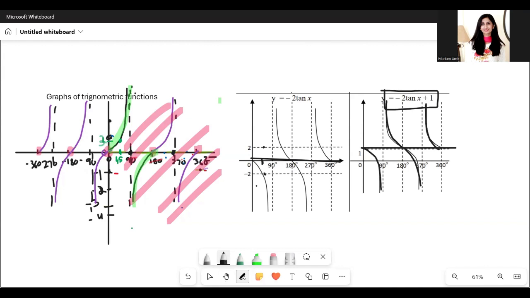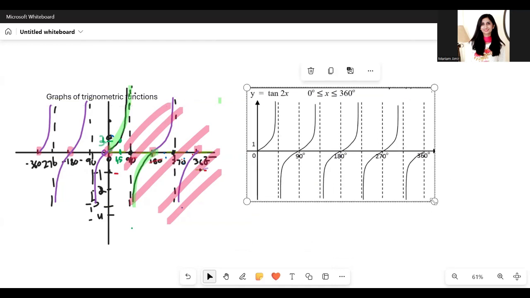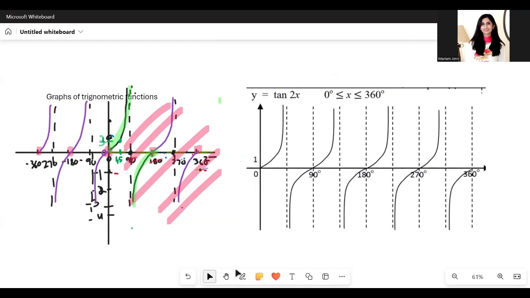Okay. Now let's discuss the graph of tan 2x. So tan 2x would mean that it's a stretch parallel to the x-axis with scale factor half.